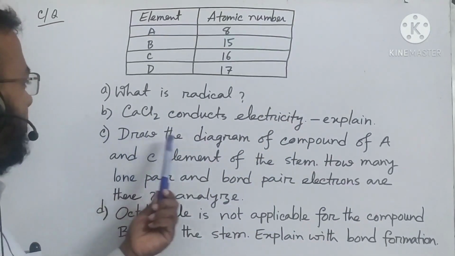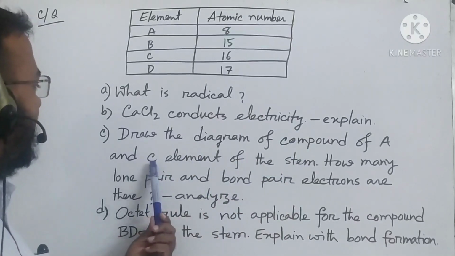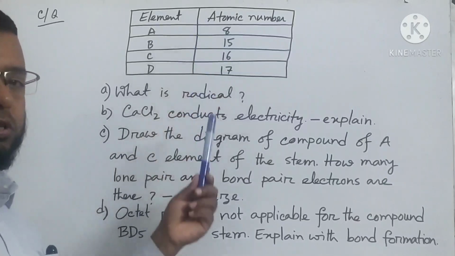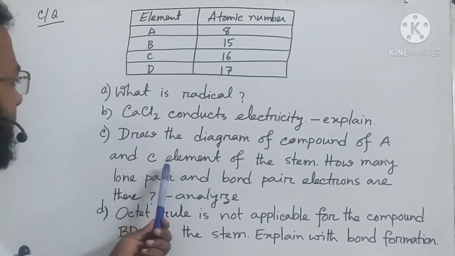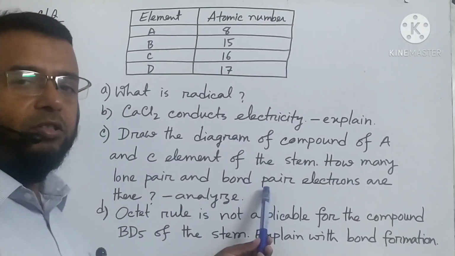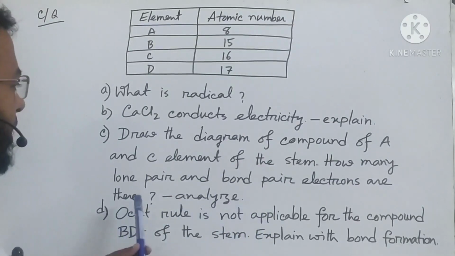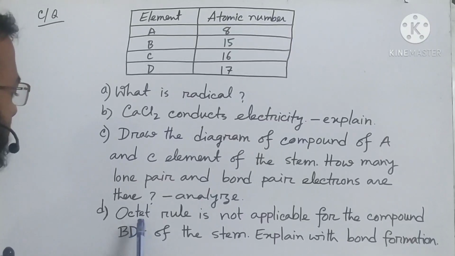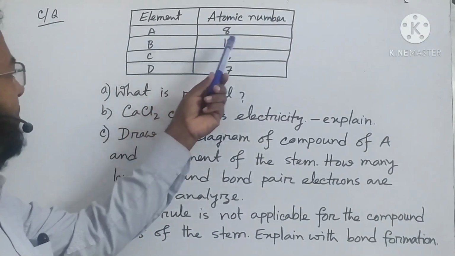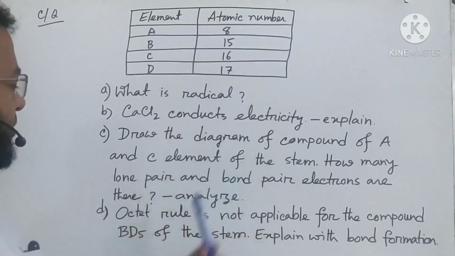Then number D, we have to draw the diagram of the compound of A and C elements. So A and C, that means sulfur and oxygen, so it will be sulfur dioxide. Then how many lone pair and bond pair electrons are there, we have to write and analyze the answer. Then the octet rule is not applicable for the compound BD5. So BD5, that means it is phosphorus pentachloride.